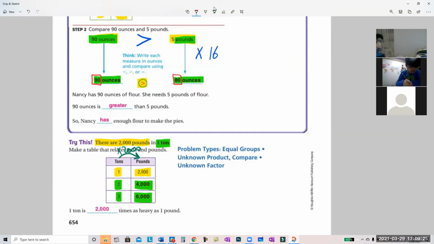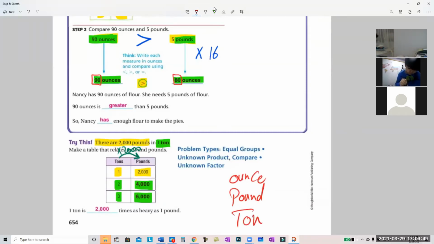You should know the smallest unit of customary units of weight, which is the ounce. So the ounce is the smallest unit, and after it, pounds, and then the greatest one is ton.